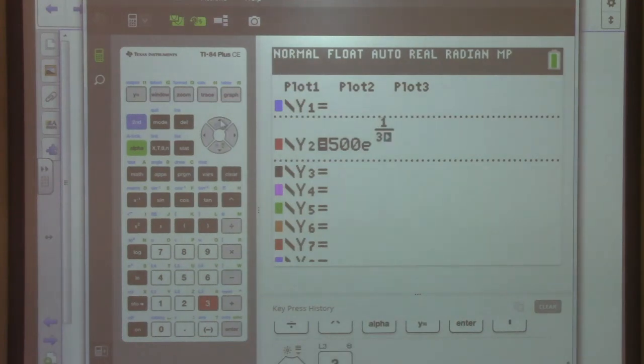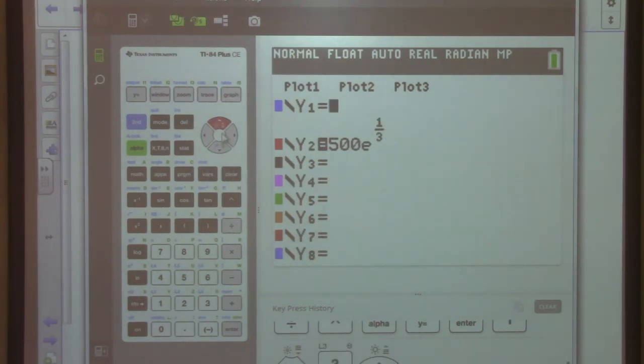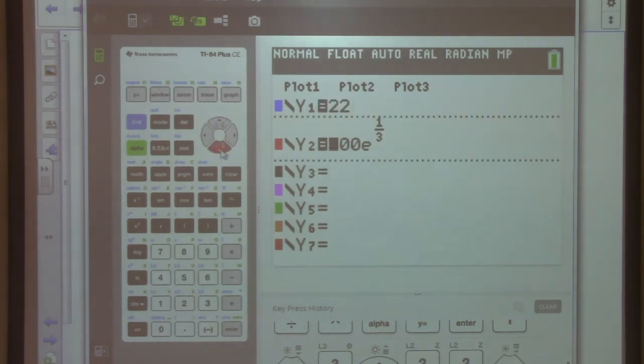Okay, and then the other one was it 225? You forgot the X. Oh, X, thank you for reminding me of that. If I forget that, I'm just going to have a flat line.